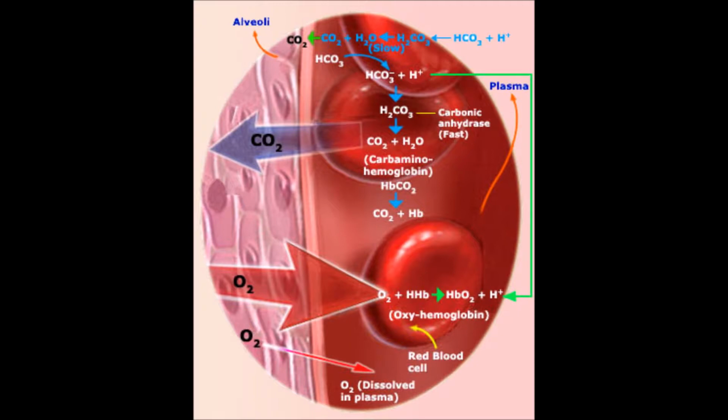Now, if the body's using the bicarbonate ions, they're using some of those up to maintain pH. What happens to all the hydrogen ions? What does the body do with those? The hydrogen ions, couple of things.